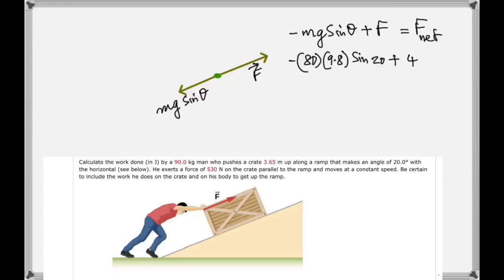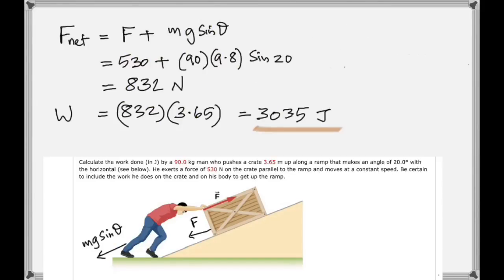Well, actually, he has to apply a force. In this question, the man is pushing a crate 3.65 meters up a ramp, but he has to lift his body up too. Therefore, the net force he must apply is the force he exerts on the crate plus the force required to lift himself up, which is mg sine theta.